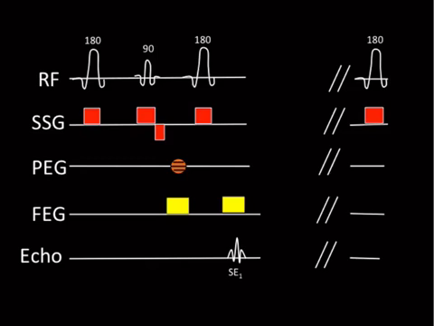The time between the 180 and that 90-degree pulse is what's referred to as the TI, and that determines what you're going to be nulling. So TIs are different for different things. Water has a different TI than fat, than myocardium, than whatever. That's variable, and that's what makes each one of these things different.